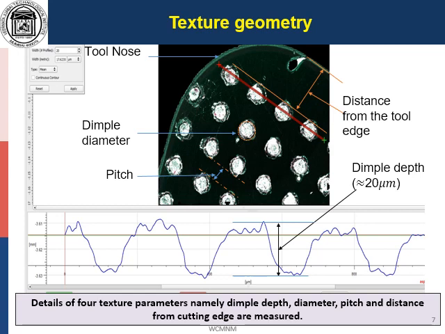The distance between the bordering array of dimples and the cutting edge must be optimized, as textures extremely close to the cutting edge will obstruct the cutting process and also reduce the strength of the cutting edge. On the contrary, if the textures are located very far from the cutting edge, it will reduce the efficiency of the textures.